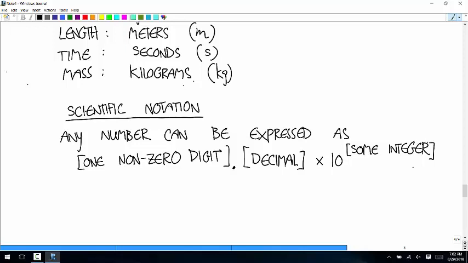Okay, so for example, 3,481 in scientific notation is 3.481 times 10 to the third.